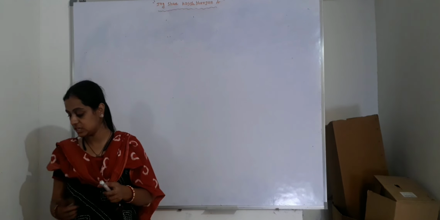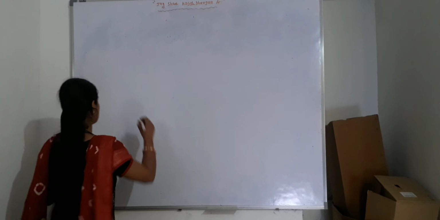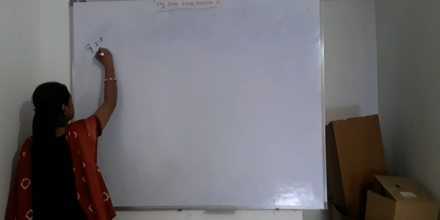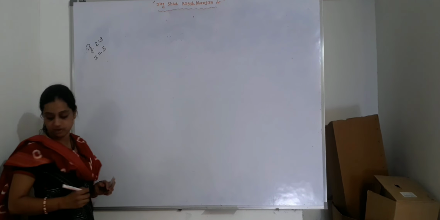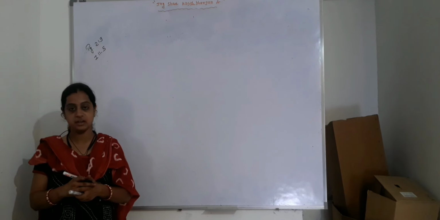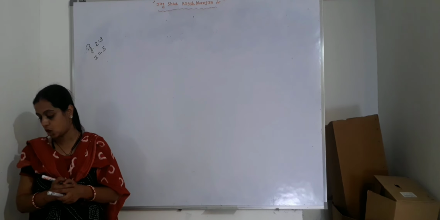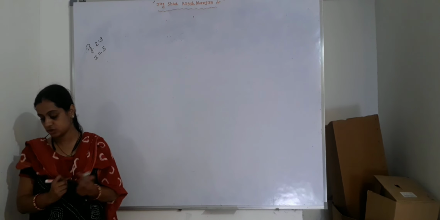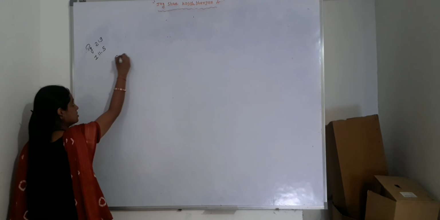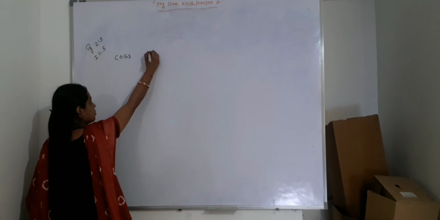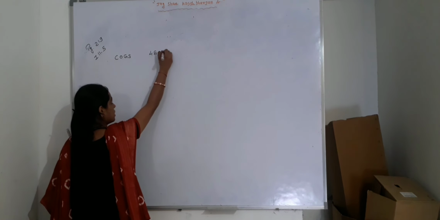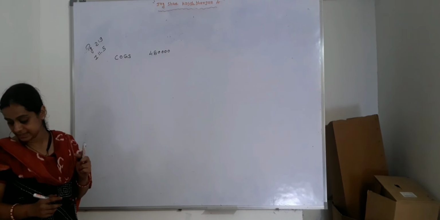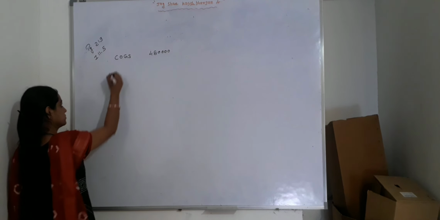First, page 219, illustration number 5. From the following information, calculate operating ratio of E company. They have given cost of goods sold 4,80,000, COGS 4,80,000, then operating expense 1,20,000.